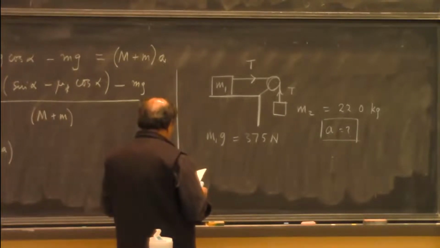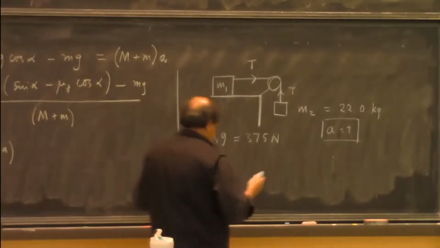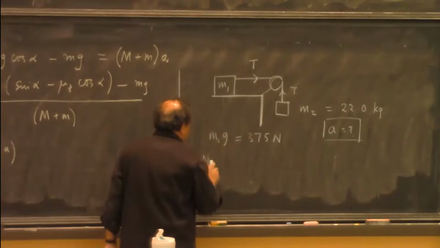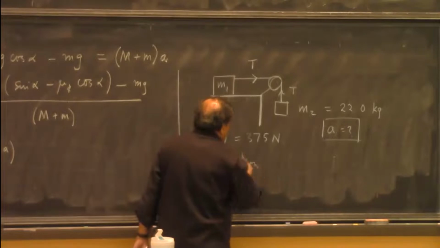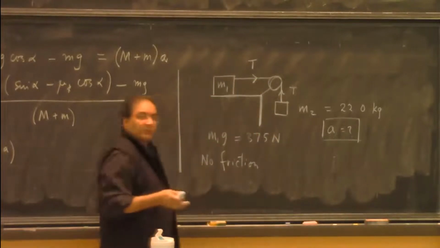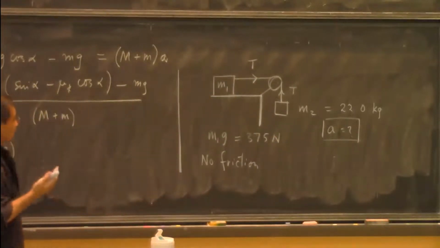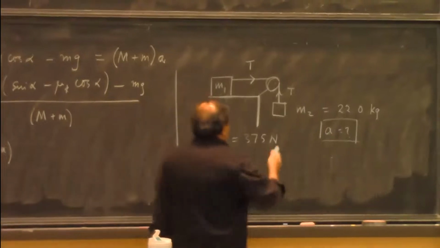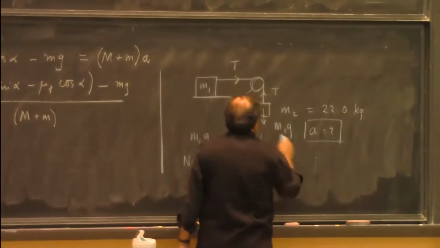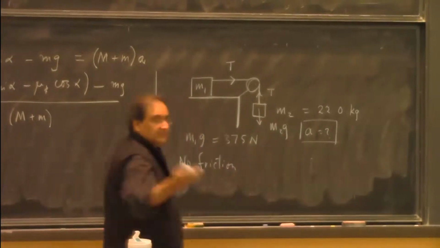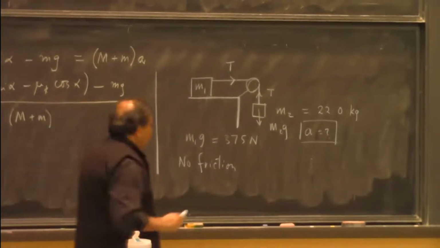So let us say there is no friction. Okay, so we first assume there is no friction. If there is no friction, almost any force will make it move. So we can easily see that if you put a mass here which exerts m2g, that's a big enough force. In fact, that's more than 0. So m1 is going to move to the right.